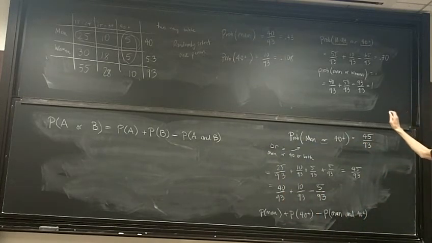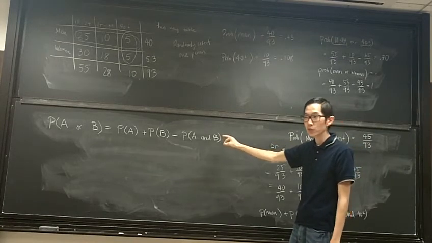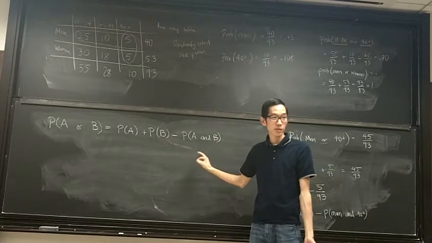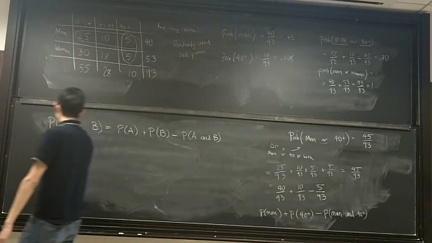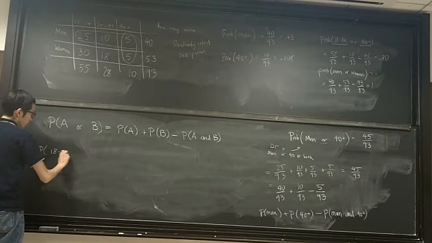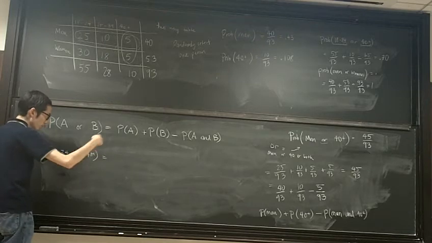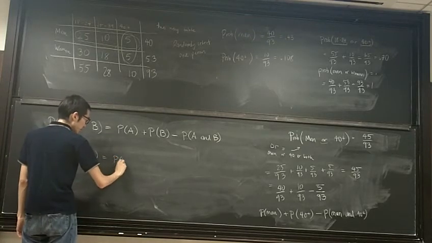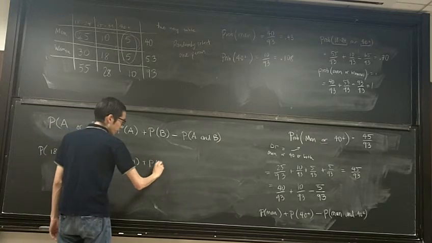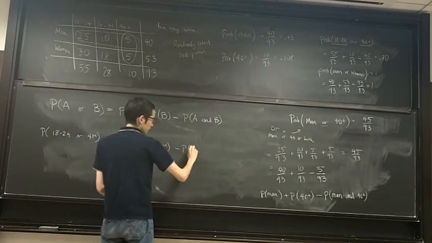So actually, this rule still holds true. It's just that the overlap is equal to 0. So if we did the probability of being in the 18 to 24 group or the 40 plus group, it's still probability of 18 to 24 plus probability of being 40 plus minus any overlap.